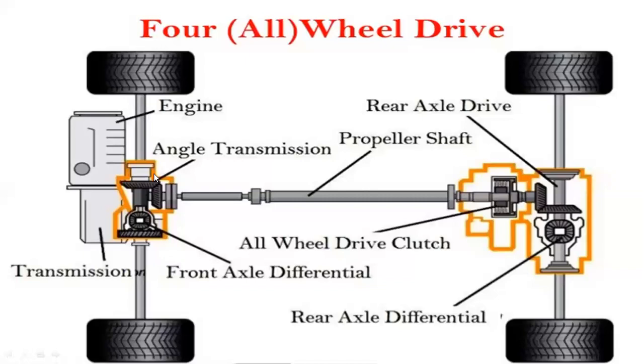In the transmission system, the power should be transmitted through these four wheels of the automobile vehicle by using this propeller shaft. Okay, this propeller shaft is placed in between the four wheels by connecting this slip joint. Okay, we are using slip joints also in this four wheel drive mechanism.